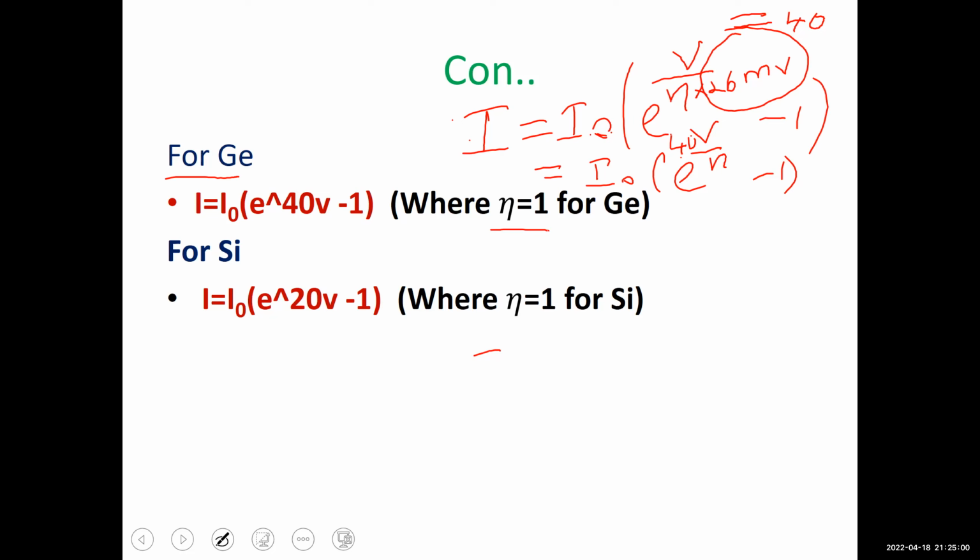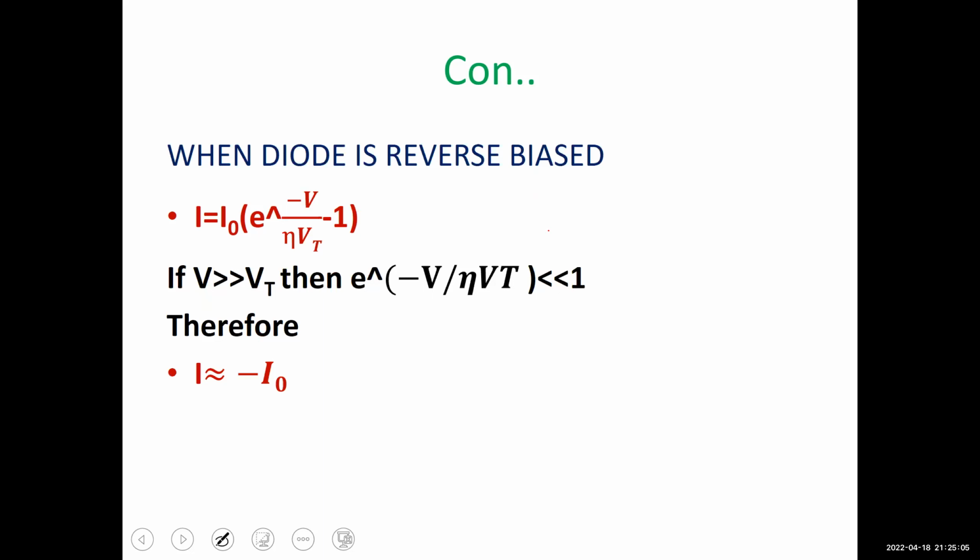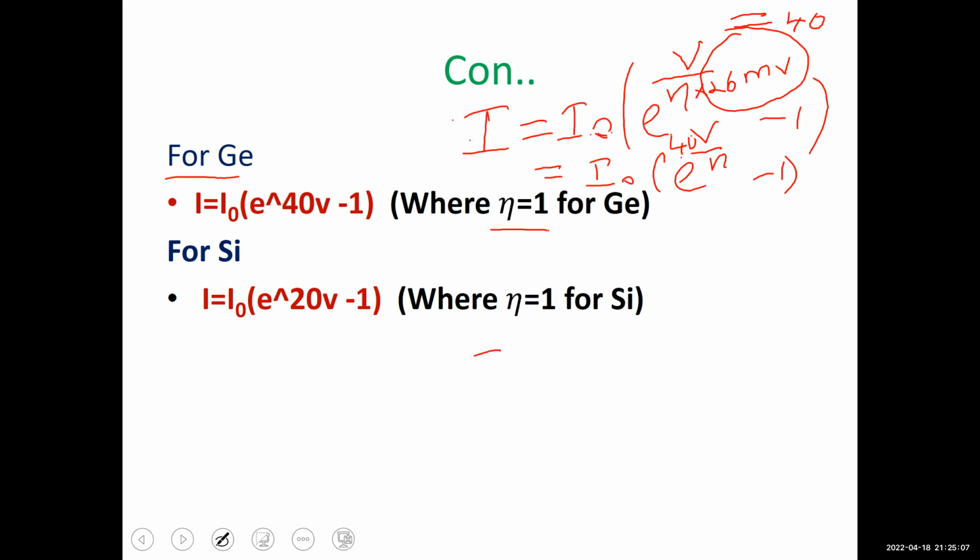Now, in a forward bias condition, we will keep on increasing the voltage. Increasing the voltage means e power 40V is a higher value, so the minus 1 can be ignored if the applied voltage V is very much greater than 1.